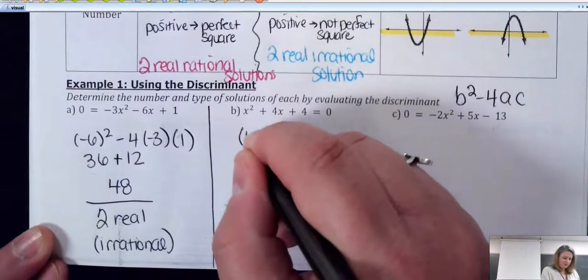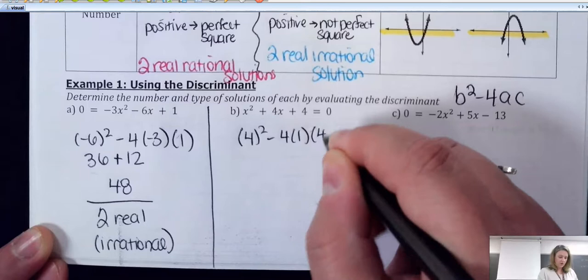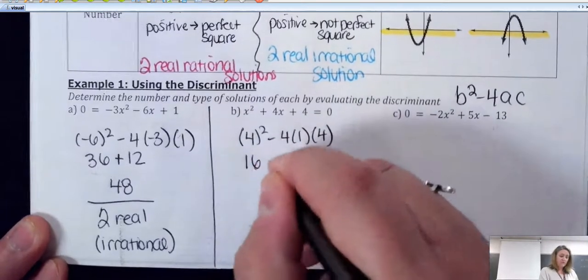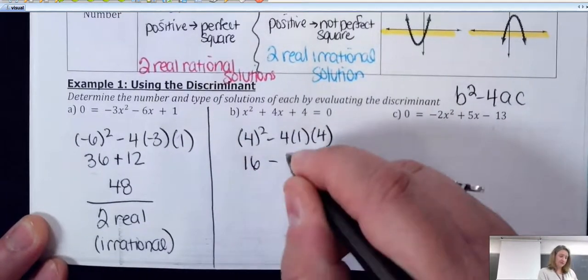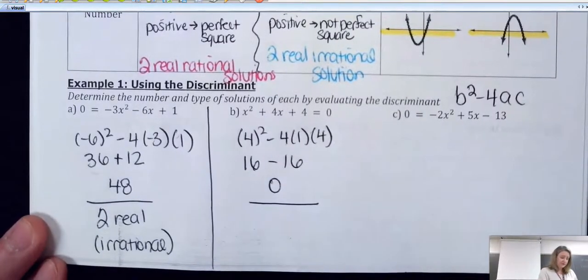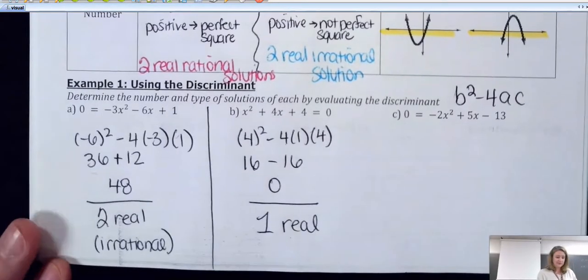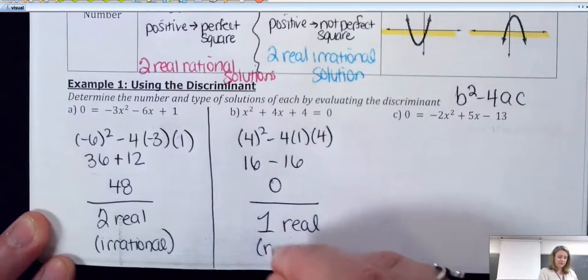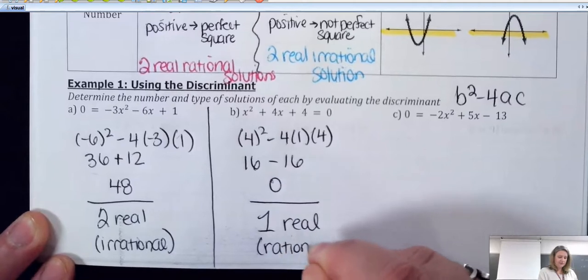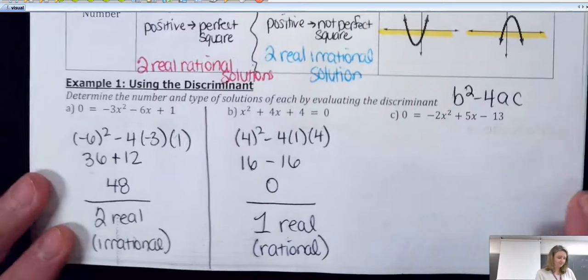So this will be 4 squared minus 4 times 1 times 4. So this is going to be 16. 4 times 1 times 4 is also 16. So I got 0. Now, if you get 0, this is one real solution. That's the number and type. And anytime you have 0, the solution is going to be something that you could write as a fraction. So that's going to be rational.